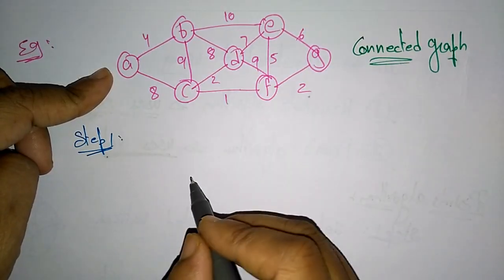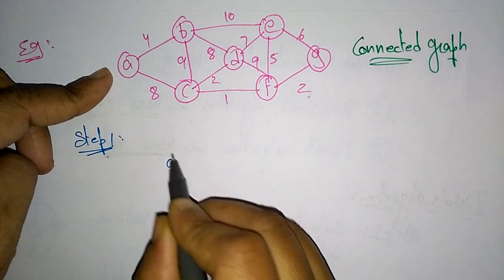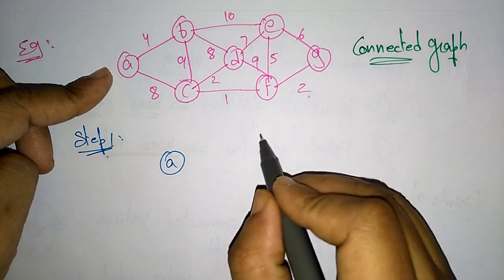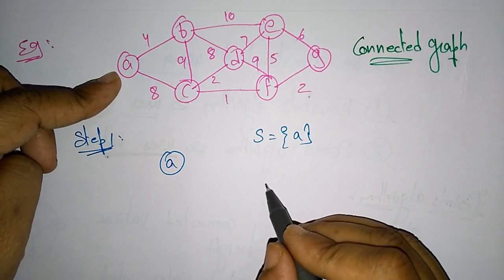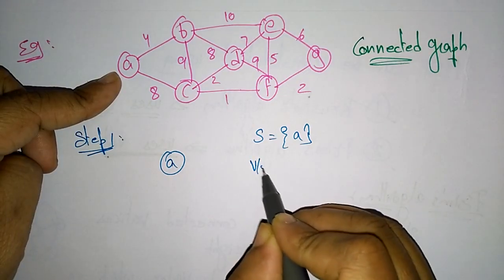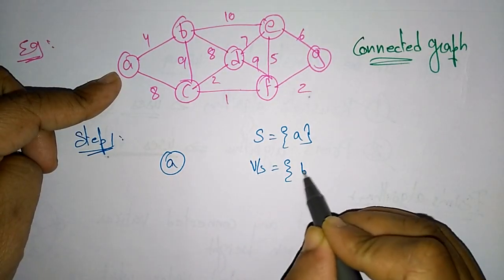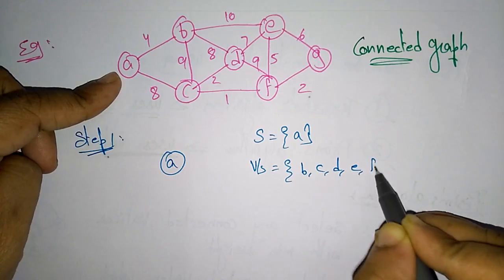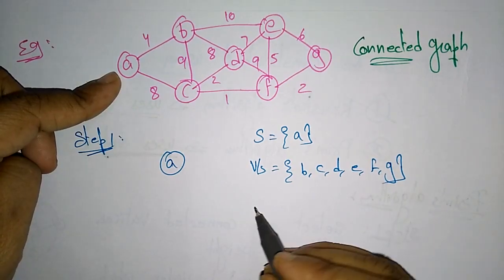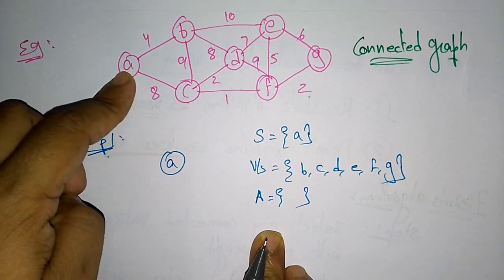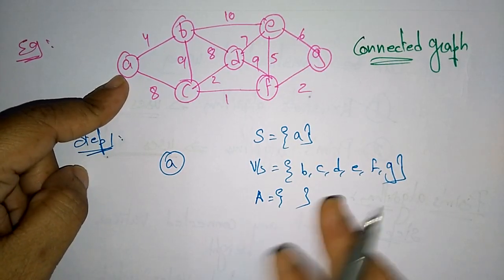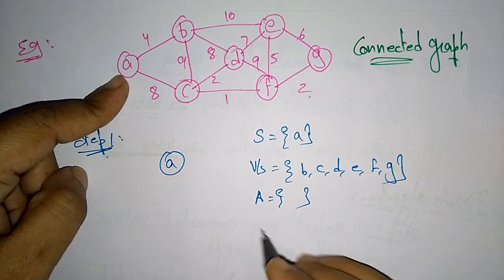So now I'm taking the vertex A. Here the set contains only one vertex A, and the remaining vertices present in this graph are B, C, D, E, F, G. And the set of connected vertices is empty.